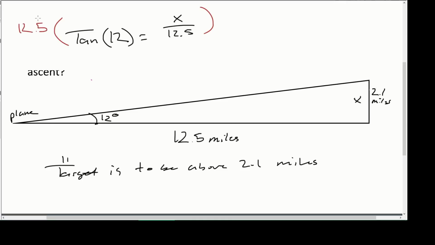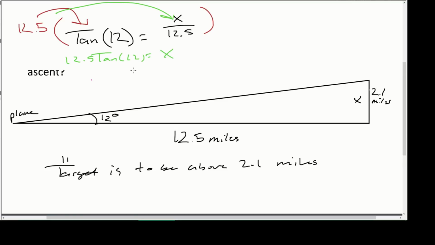When I distribute this in, I'm going to have 12.5 tan 12 is equal to 12.5x divided by 12.5, which will just be x.